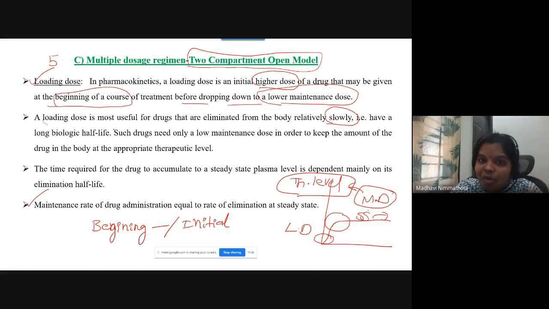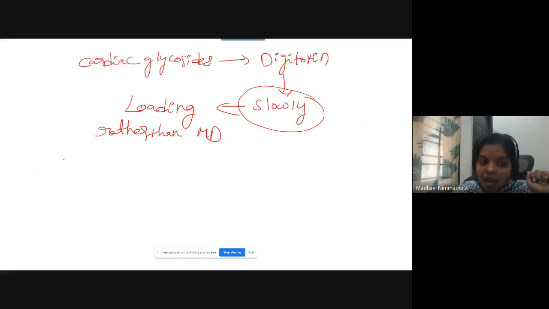Because of the long biological half-life, it is able to survive much more time in our body. So, such drugs need only a maintenance dose in order to keep the amount of the drug in the body at appropriate therapeutic levels. See, I already told you maintenance dose is useful for producing therapeutic effect.